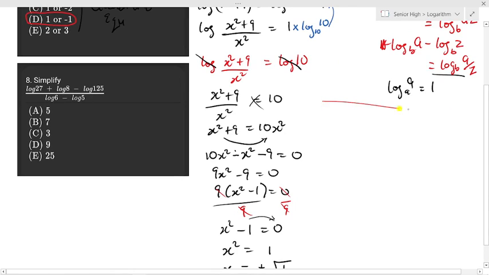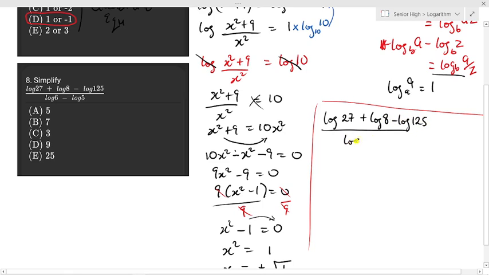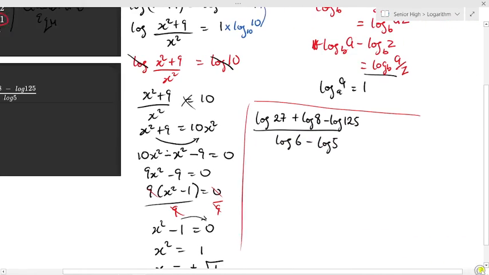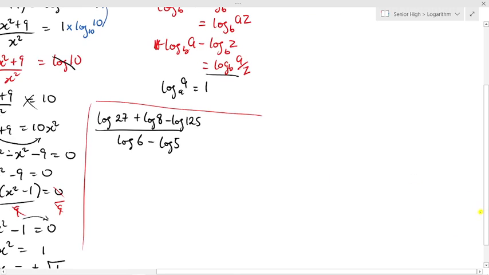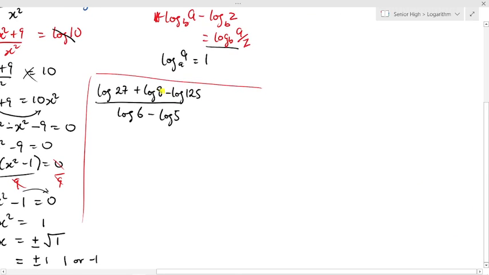Okay, so let's look at how to approach the question. Let's first write it out here: log 27 plus log 8 minus log 125 over log 6 minus log 5. In solving this question, the first thing I'm going to do is try not to solve it the way it's appearing.